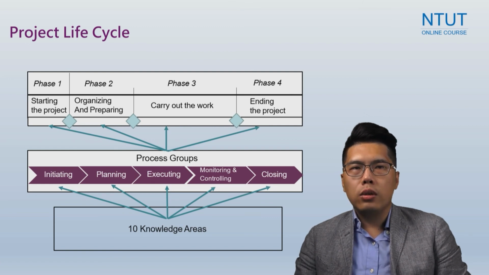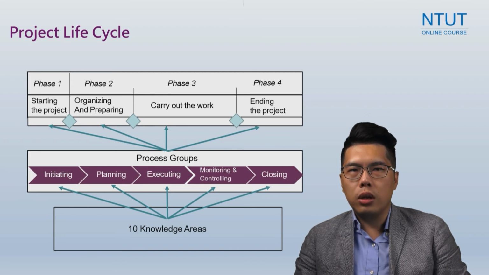Okay, so as you can see in the figure in the middle, the arrows are in purple color. The project life cycle can match to five phases of process groups. And the five process groups include initiating, planning, executing, monitoring and controlling, and closing.